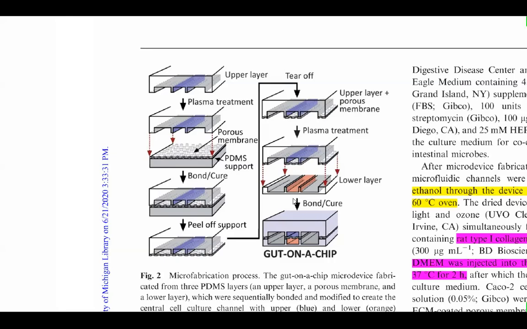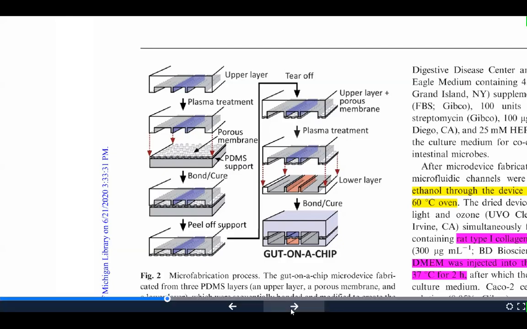Then both sides of this porous membrane were ECM coated by injecting the serum-free DMEM solution that contained type 1, rat type 1 collagen and matrigel. So both surfaces of this porous membrane were coated with ECM.